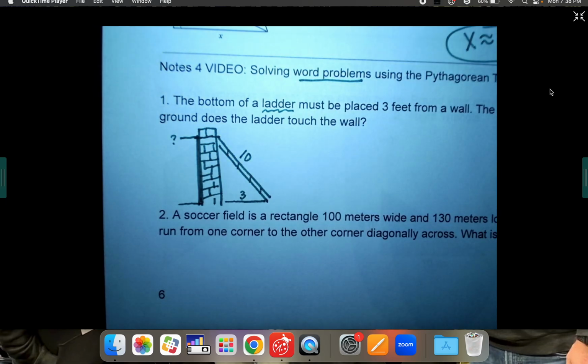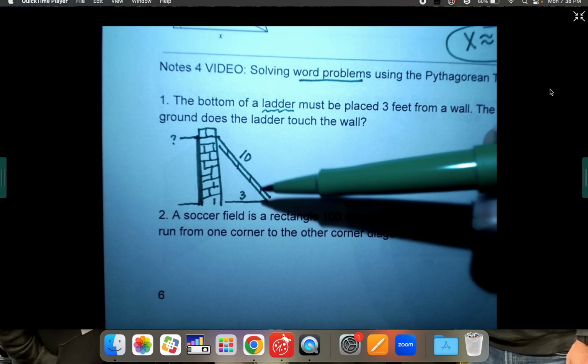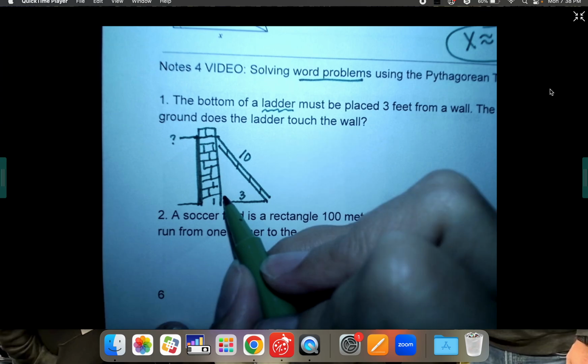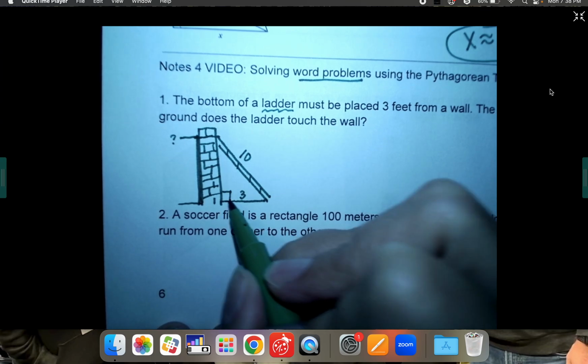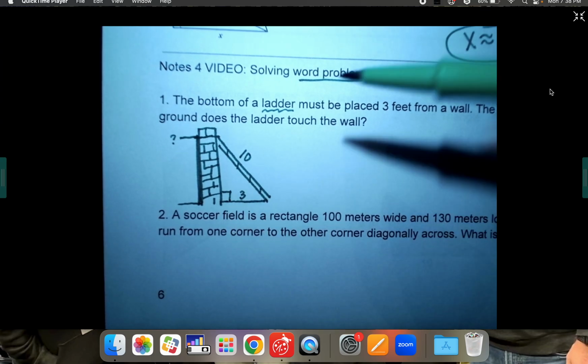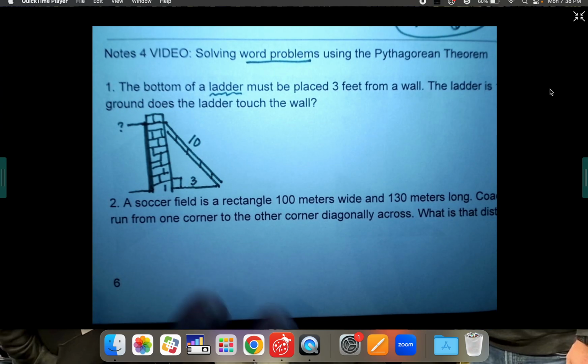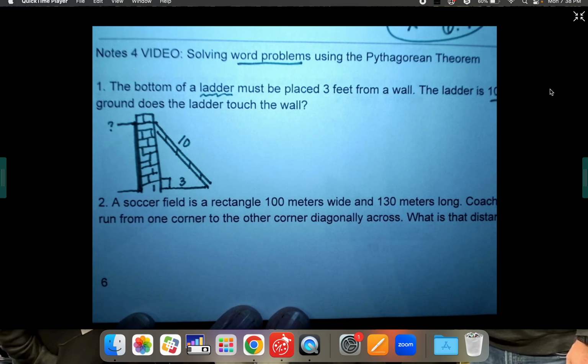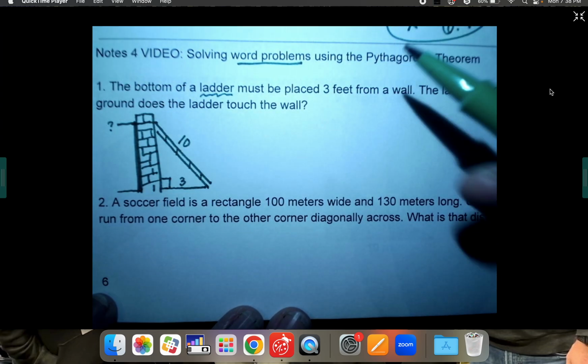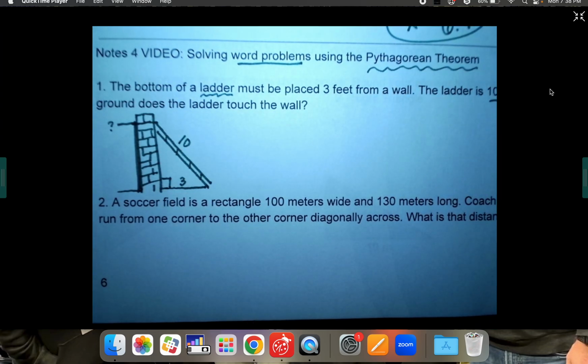If you know that a ladder leaned against a wall forms a right triangle with the wall, here's your right angle, you have to put it into your own mind that this is a right triangle, therefore I should use the Pythagorean theorem.